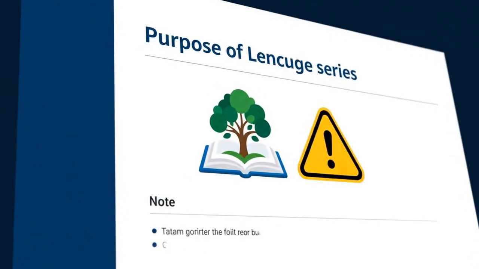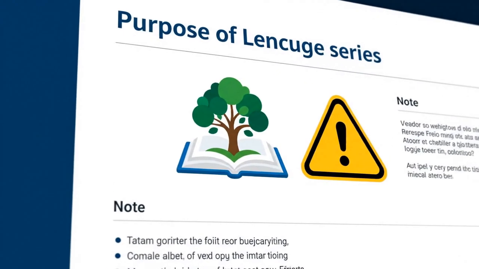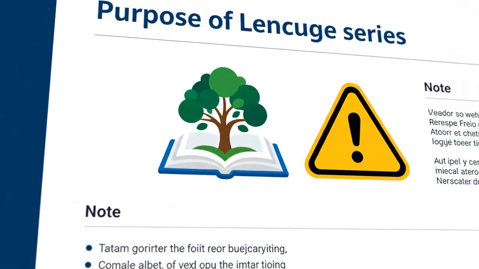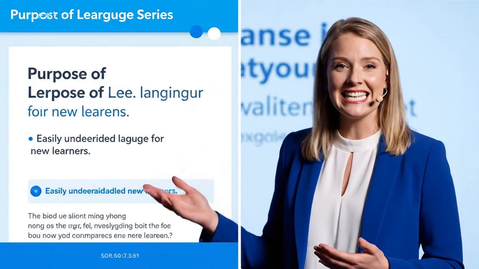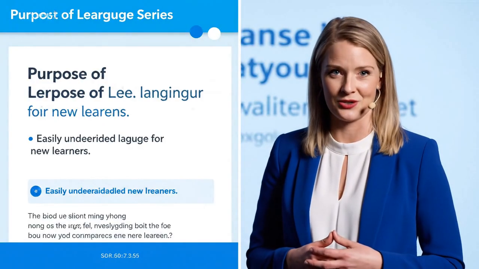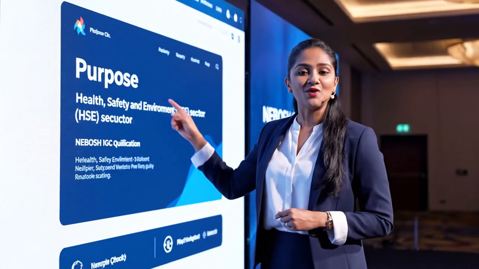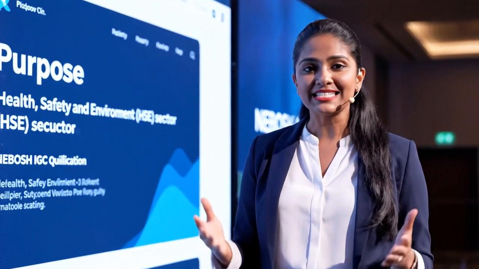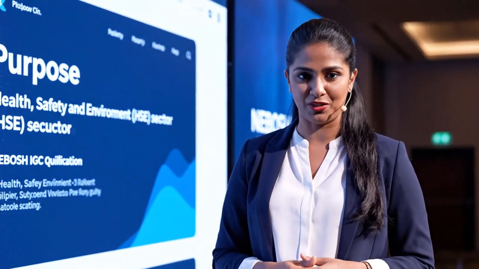The main purpose of this lecture series is to convey complex knowledge using simple, real-life professional examples. We aim to present this in easily understood language, specifically designed for new learners entering the field. This is for anyone wanting to join the health, safety, and environment sector by attempting the NEBOSH IGC qualification.